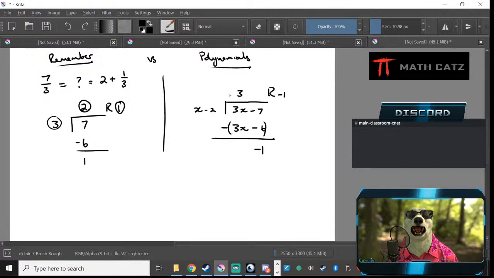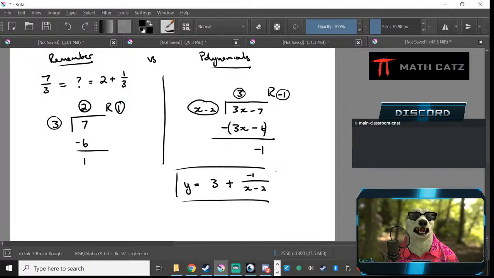So now in the same way, I have a quotient, divisor, and remainder. I put them together in the same way: the quotient plus the remainder over the divisor. I can't say it's exactly the same, but it's extremely similar to the elementary school concept. So this is now going to allow me to see the transformations.